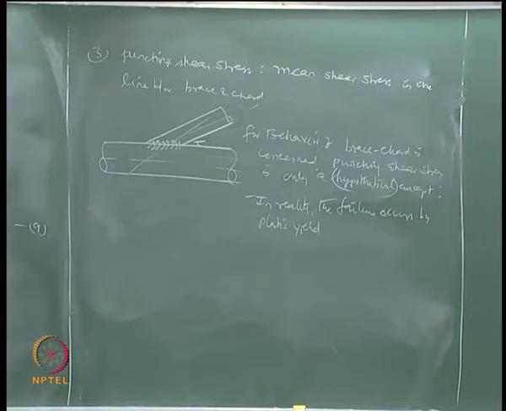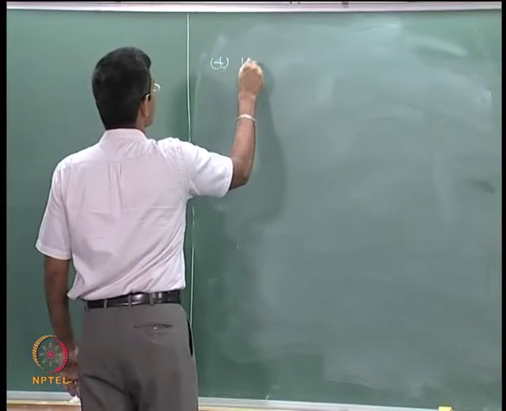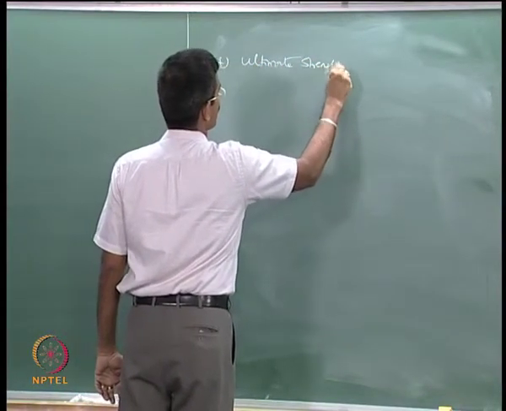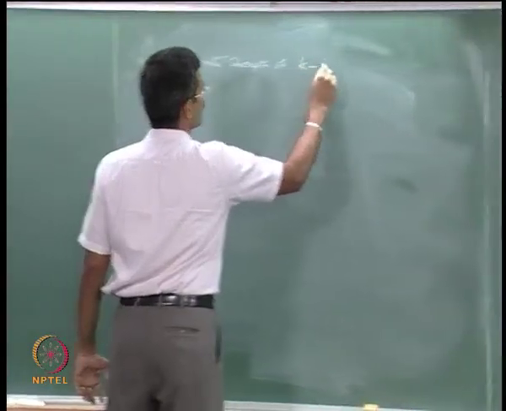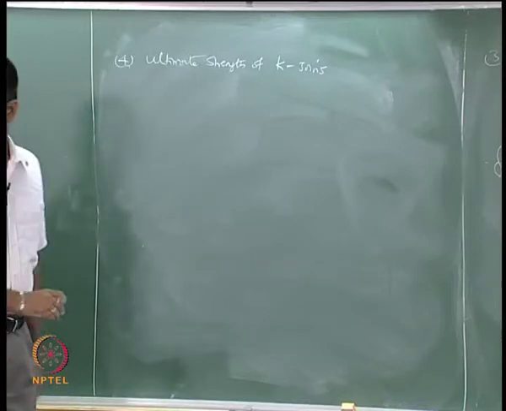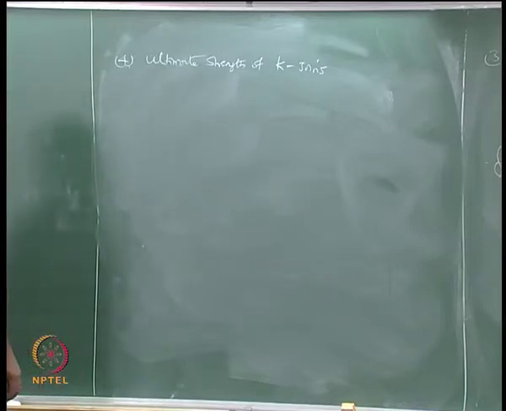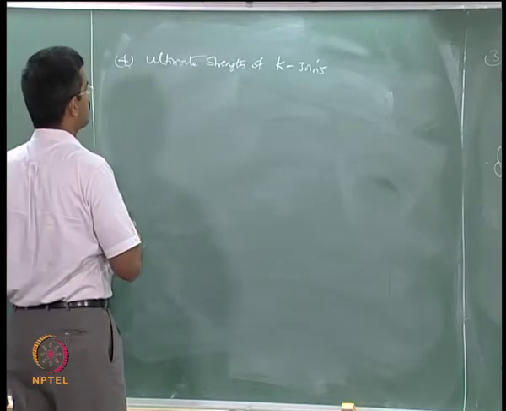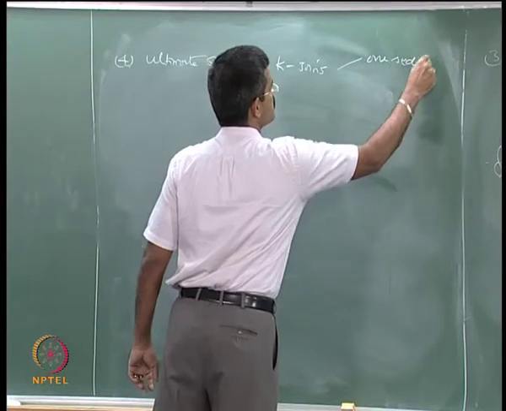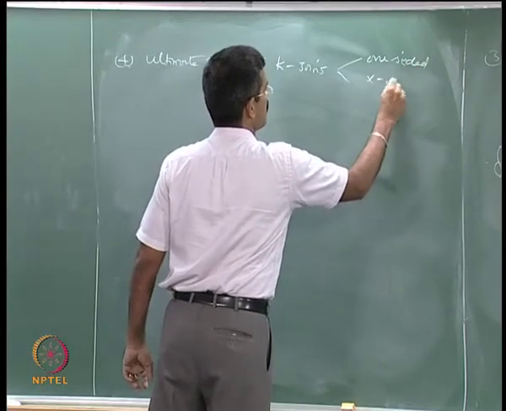Let us look at ultimate strength of K joints. K joints have two types of connection. One is called a one sided connection, other is called a cross connection.